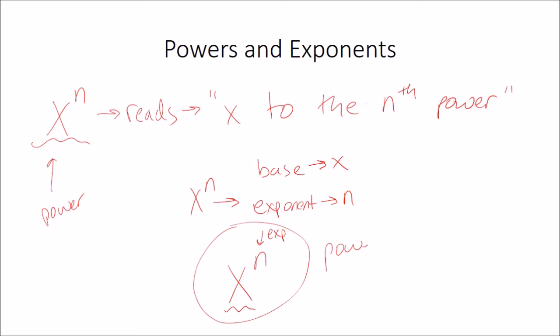Let me give you an example. We're going to have 3 to the second. Our base is 3. Our exponent is 2. And our power is 3 squared, or 3 to the second.